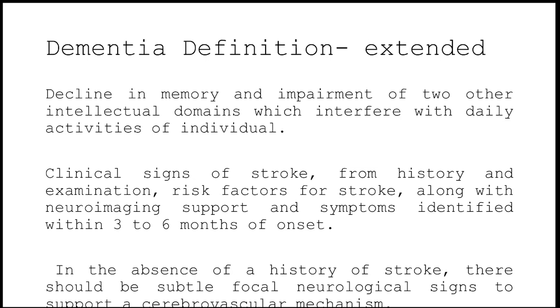With the vascular origin as vascular dementia, there must be clinical signs of stroke, supporting history from taking a history of a past stroke or a transient ischemic attack, and examination findings, clinical examination, the presence of risk factors for stroke.